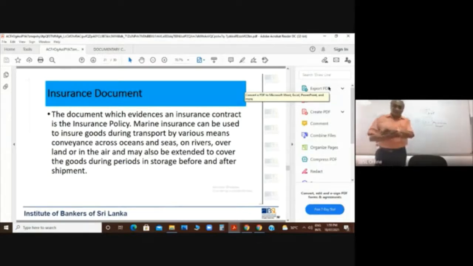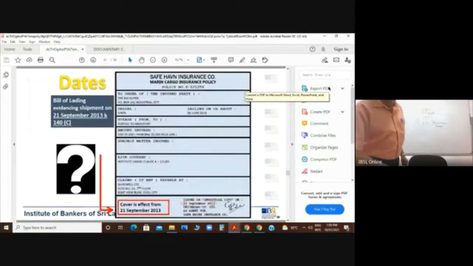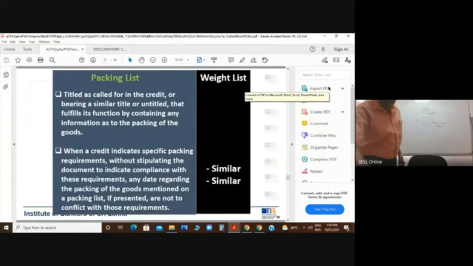Right? Okay. This is a copy of the insurance certificate, right? And some more documents like packing list, weight list, right?